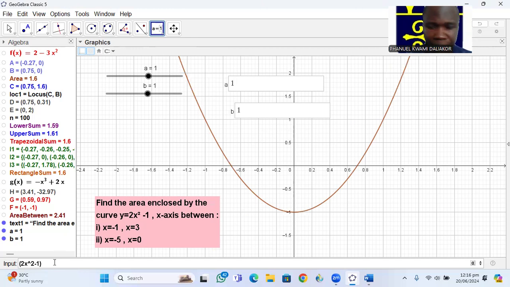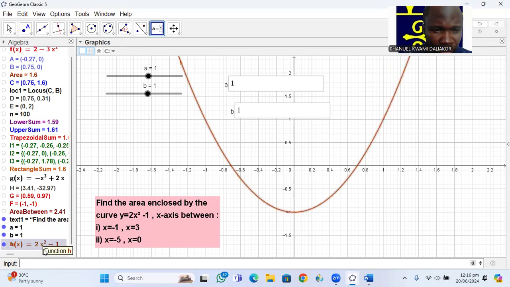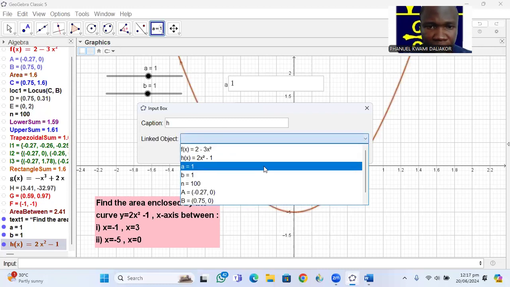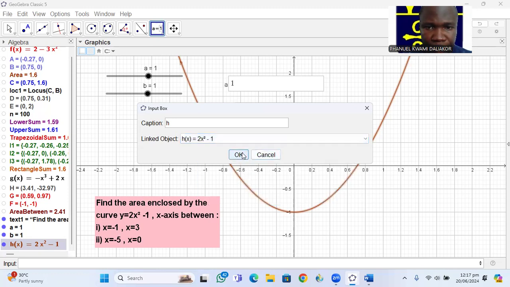That's the function. So let me create a box for my function. We have our function, 2x squared minus 1.